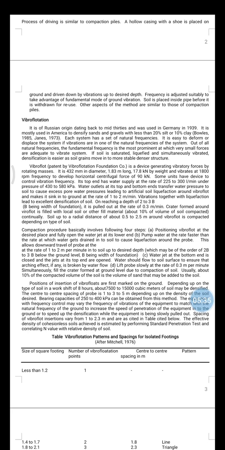The cavity formed around the vibrofloat is filled with local soil. Once you remove it, you fill with local soil or other fill material. About 10% of the volume of soil is compacted continuously, right? So then, what are the advantages of using this vibroflotation?